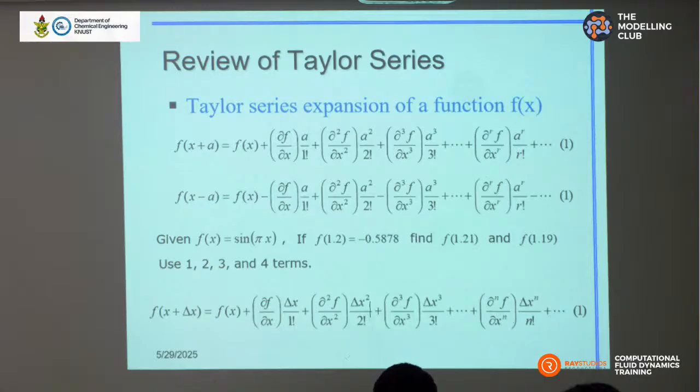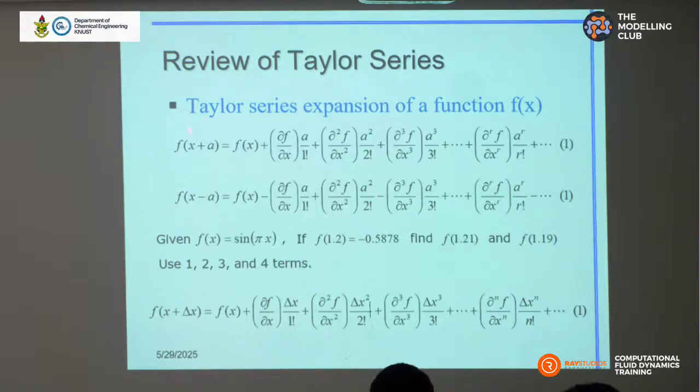The Taylor series expansion of a function, for example f of x plus a, is given by the function evaluated at x, plus the first derivative of the function times the increment that is desired, which in this case is a, divided by 1 factorial.